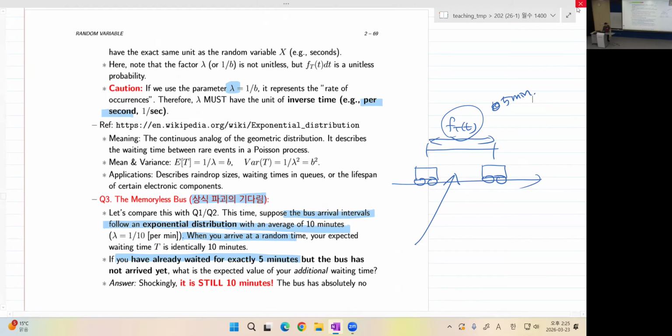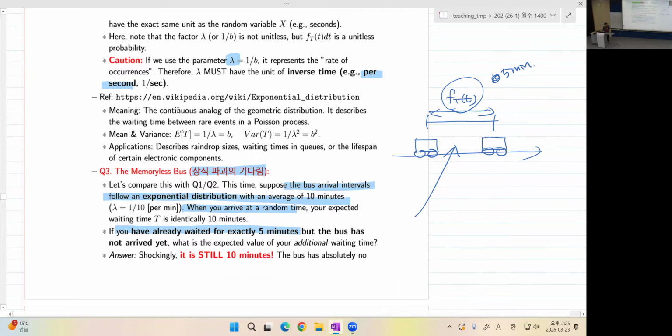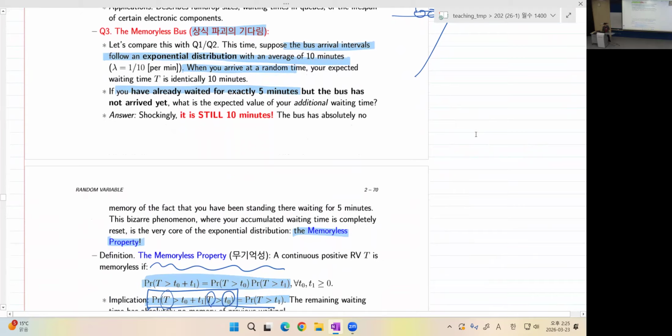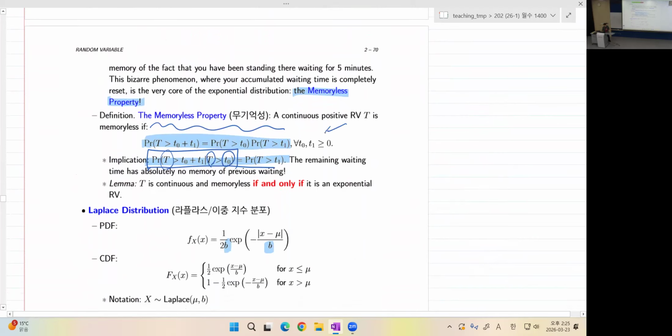However, if the difference between buses is not deterministic, but follows an exponential distribution with mean 5 minutes, then you suddenly have this memoryless property. Whether you are waiting 3 minutes, even 9 minutes, even 10, 11, 20 minutes does not affect your expected waiting time. Still, your expected waiting time is 5 minutes.